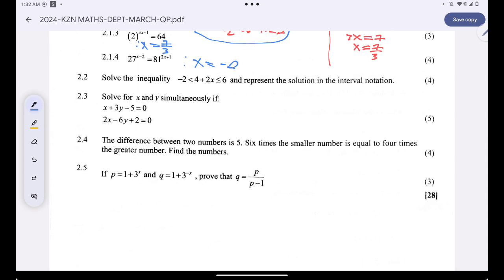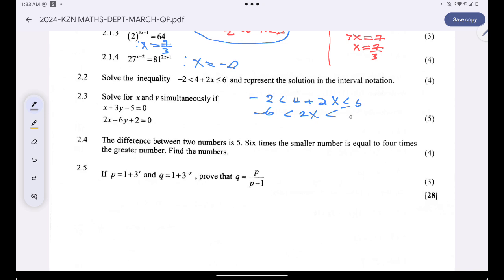Okay, now I'm supposed to solve this inequality. It's simple. I just need to isolate x. So the first thing I'll do, I'll be left with 2x. I'll subtract 4 on the left hand side and on the right hand side as well.